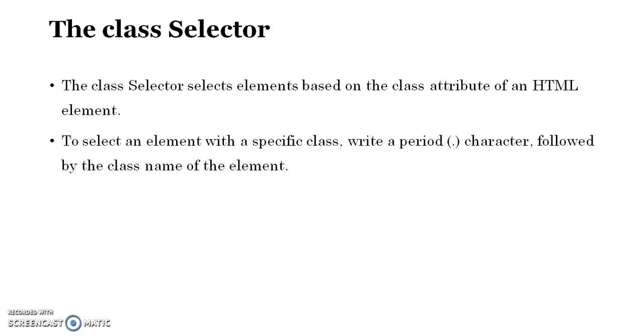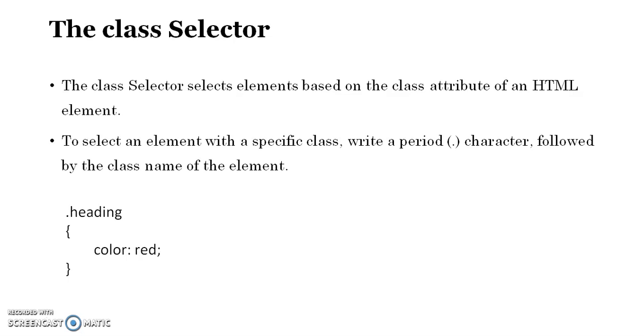So whenever you want to use the value of the class attribute to change the look of an HTML element, you have to write the period or dot character first, followed by the class name of that element. So suppose in your web page there is one h1 and another paragraph, then you write dot heading.